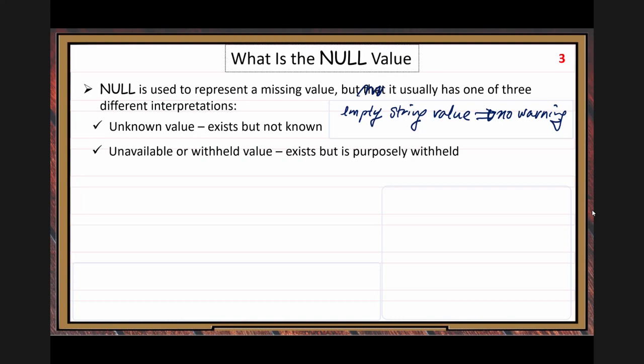Some values could be very sensitive, and people just don't want to put them there. So you try to protect the data for that particular reason, putting a higher level security protection on that piece of data.